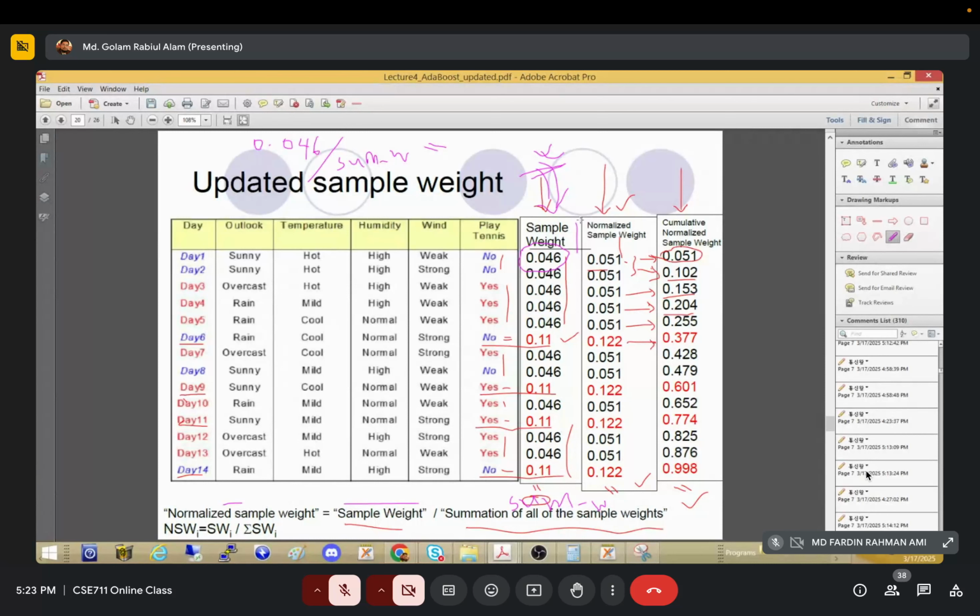Then you will get the value 0.051. Similarly, for the next value, we divide by sum W and get again 0.051. But for this one, the 0.11, we have to divide 0.11 by sum W.